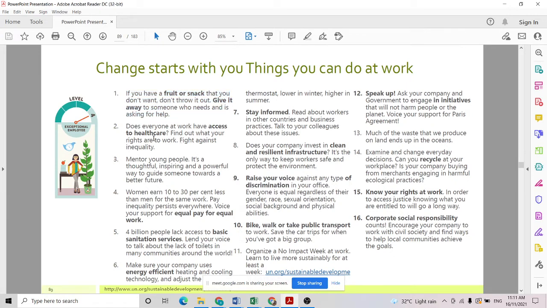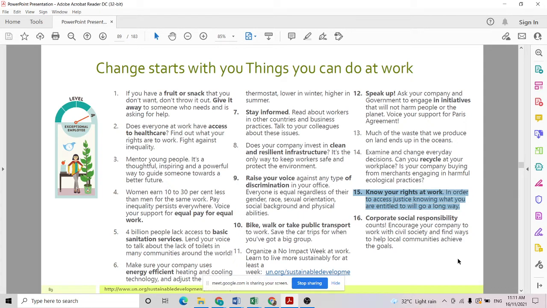And then your healthcare, find what is right for you, not too excessive. So these are many of the things that you can do at your work. And the best for me is to know your rights at work.